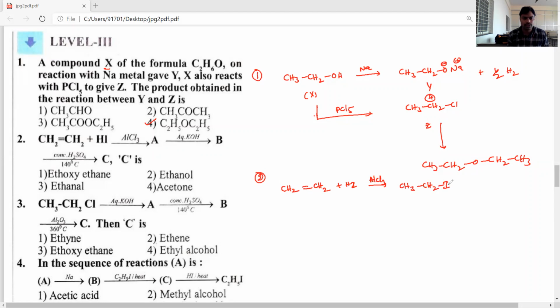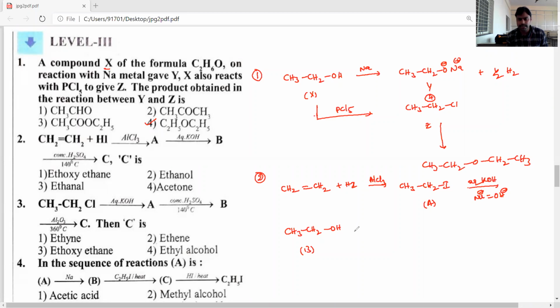Okay, when it reacts with aqueous KOH, aqueous KOH means a nucleophilic substitution reaction. The nucleophile is OH minus and the resultant product is CH3CH2OH. Ethyl alcohol is produced, B.